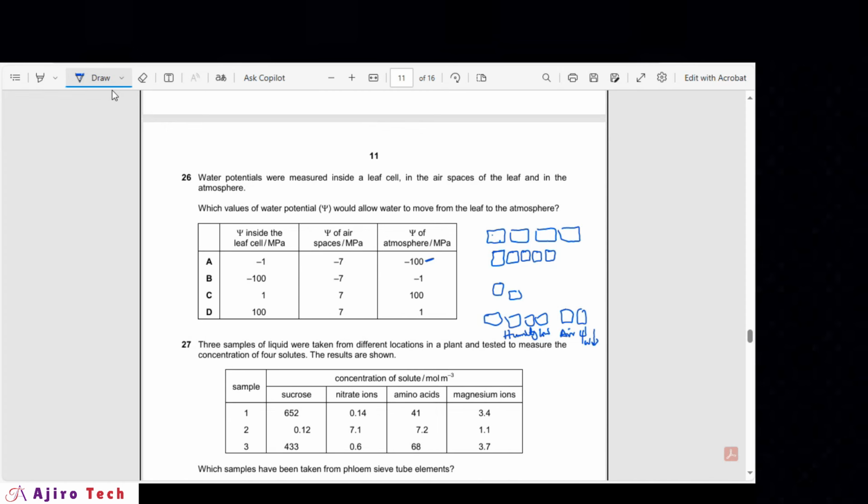Then when you compare with the water potential here, this one has to be higher, so less negative compared to what you have outside. Then inside the leaf, it has to be higher too, the least negative. So inside the leaf should be the least negative compared to the air spaces here. Then outside the leaf should be the most negative, which is the smallest. Most negative means it has the least water potential, the smallest water potential.